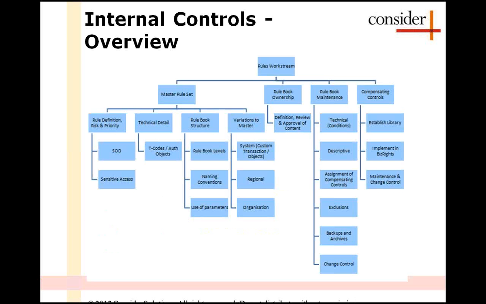Which brings me to another work stream, which is probably one of the most important in a continuous monitoring program, and that is the definition of the risk itself. This part is basically the heart piece of every continuous monitoring implementation, because it defines what the risk is and what needs to be monitored in the organization.